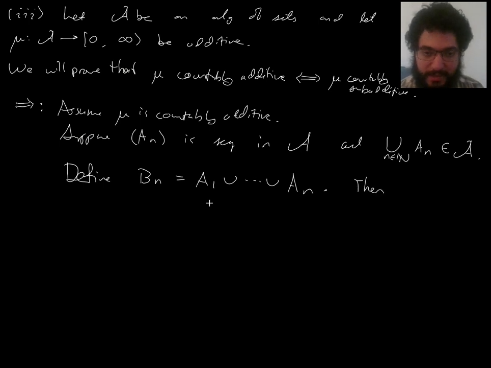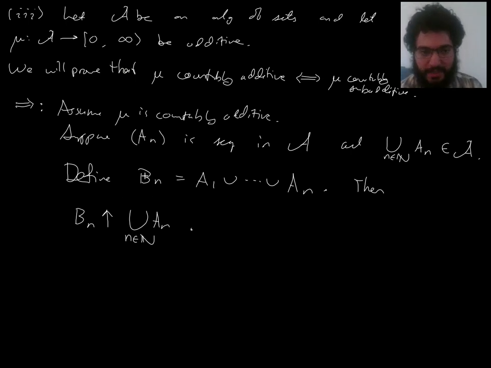Then the union of the Bn's is clearly going to be the same as the union of the An's, right? And the Bn's are nested, so each successive B is going to be containing the previous ones, because it is the previous ones unioned with one more thing. So then the Bn's build up to the same set that the union of the An's is.